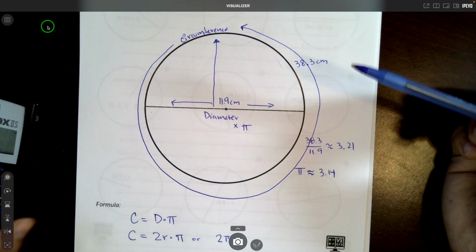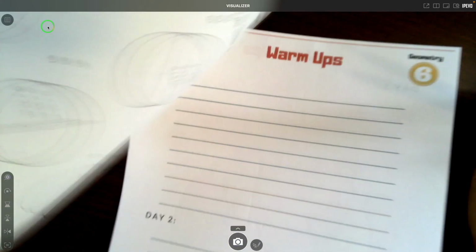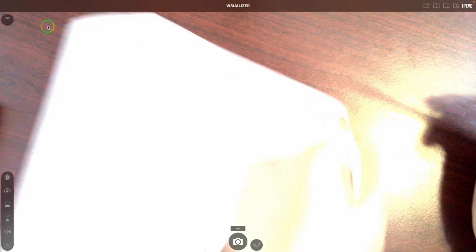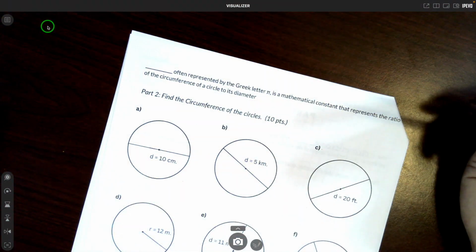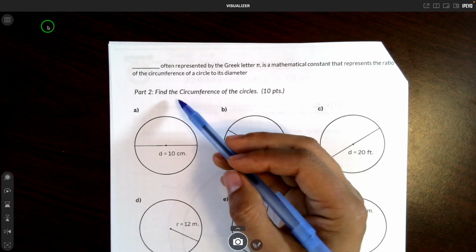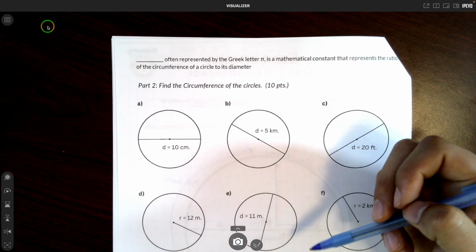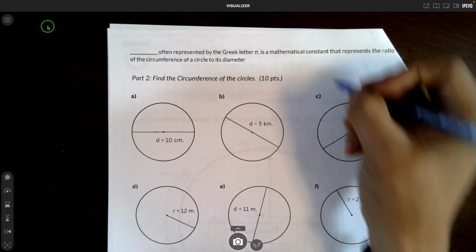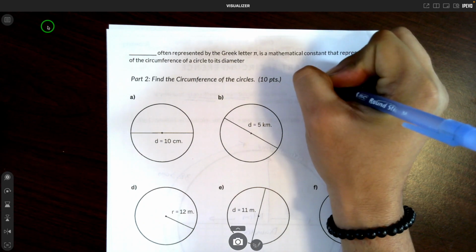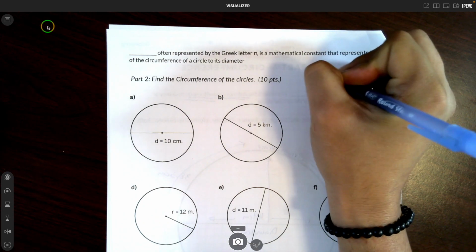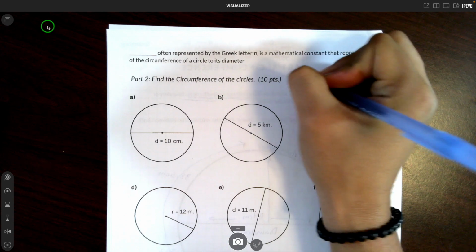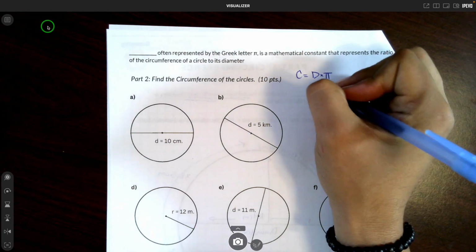So when we flip the page and we want to find the circumference of these circles, we're going to basically use the formula diameter times pi. So that's the formula for circumference.